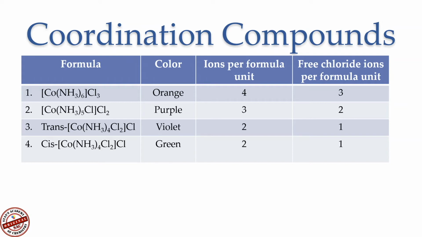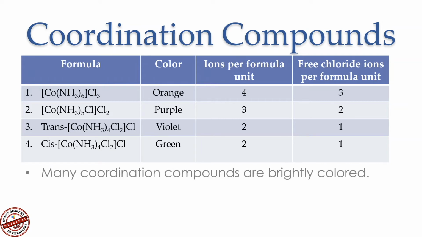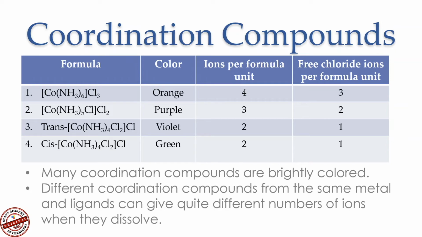That's the interesting aspect here. Many coordination compounds are brightly colored. Different coordination compounds from the same metal and ligands can give quite different numbers of ions when they dissolve, and this is what we are trying to illustrate here. Also, by virtue of the position of the ligands, the color of these compounds is going to be different.